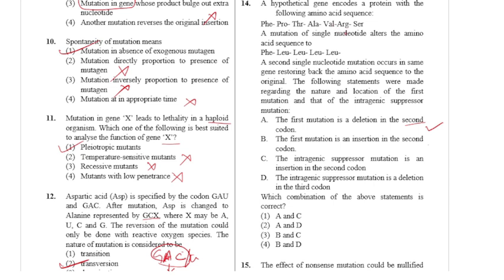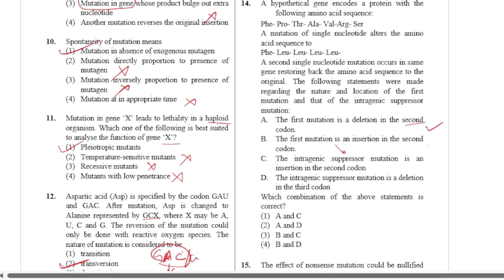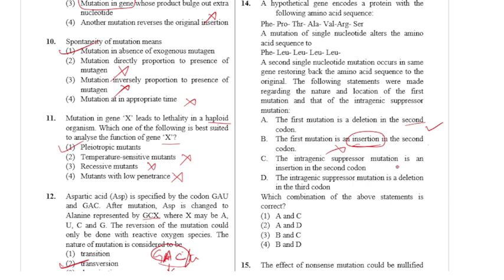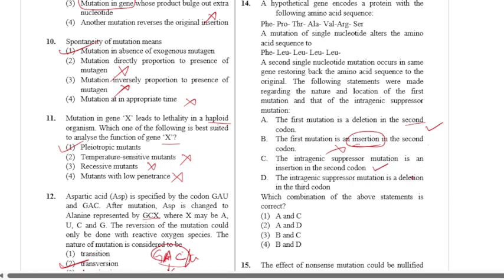So there is a decrease, so option B is not correct. There couldn't be an insertion in the first mutation. And the suppression mutation is an insertion in the second codon. Yeah, that's true, not a deletion; it's an insertion to get the previous sequence. So options A and C are correct.